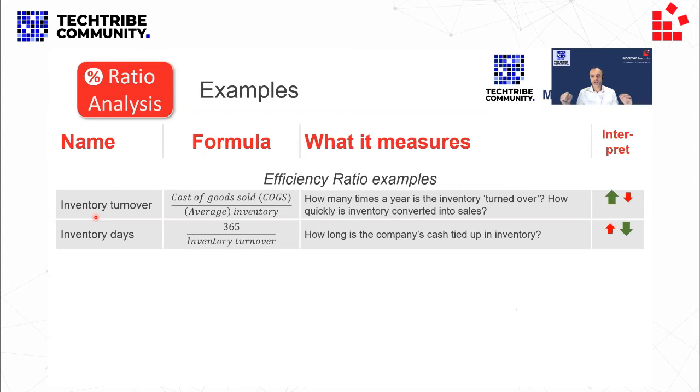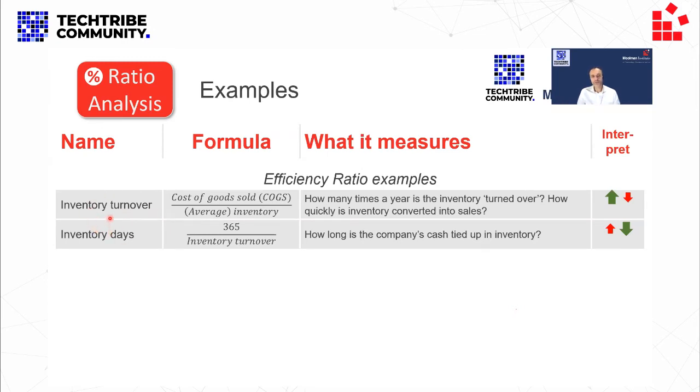So if inventory is one of those components of working capital that you need to manage carefully, then you want to have some way of measuring how well you are managing your inventory. How quickly is your inventory moving through your factory and exiting the other side as products, and how quickly are you getting paid?